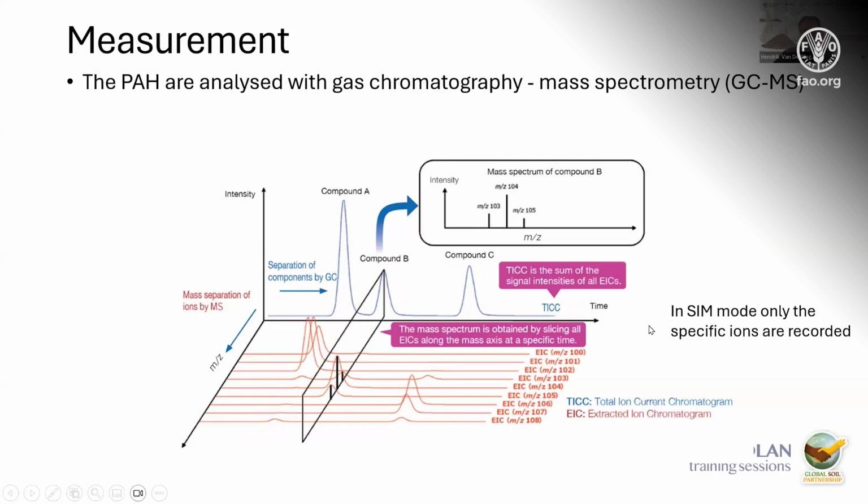In SIM, selected ion monitoring, we only look at the selective ions. So we don't record the others because there is no signal. And if we only record the ions that are characteristic for this compound, then we have more sensitivity.